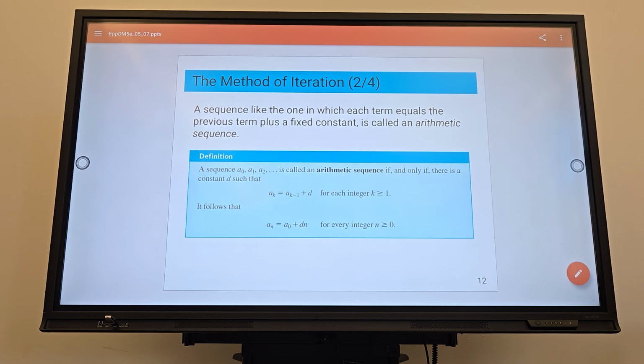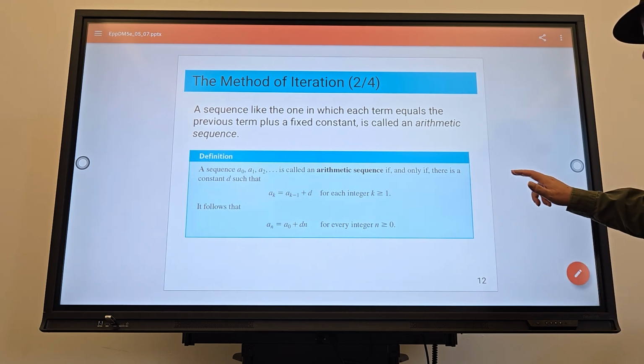It follows that a_n equals a_0 plus dn for every integer n greater than or equal to 0.